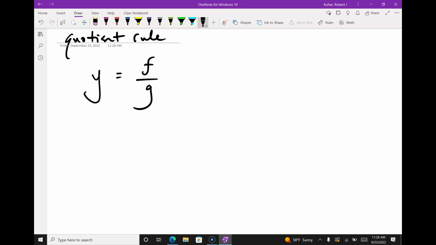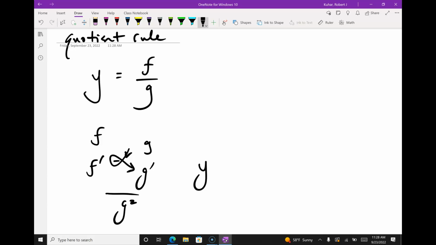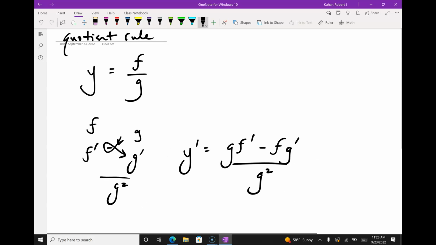And I want to think of f prime, g prime, the loop with a negative, and then g squared over g squared. So y prime is g f prime minus f g prime all over g squared. This is our quotient rule. We want this on our formula sheet.